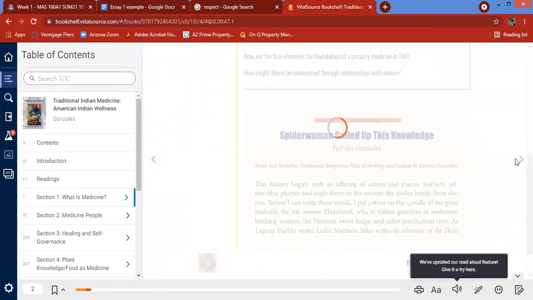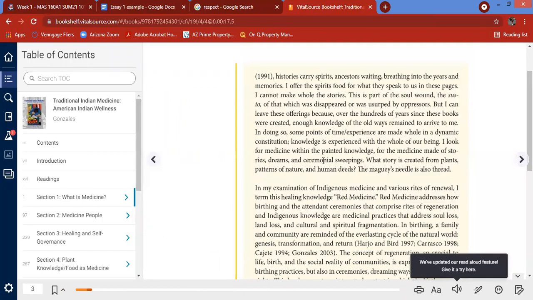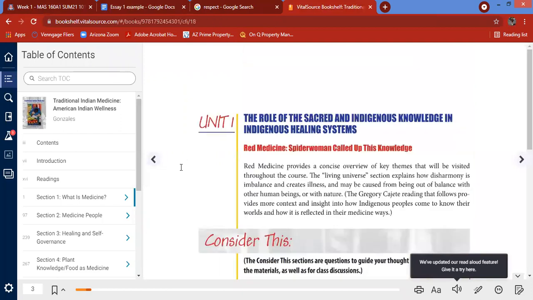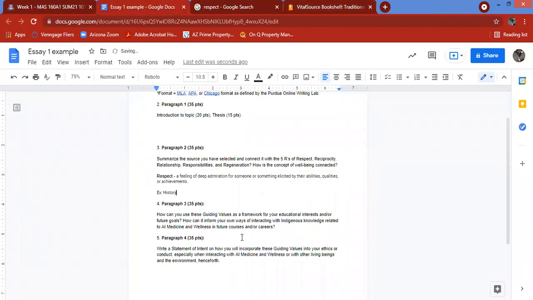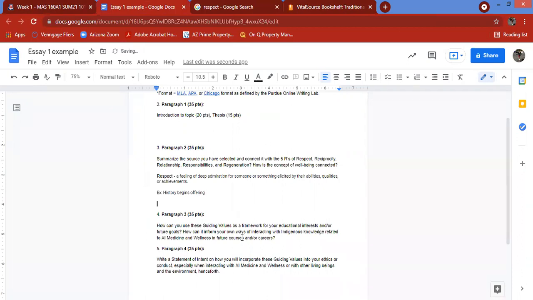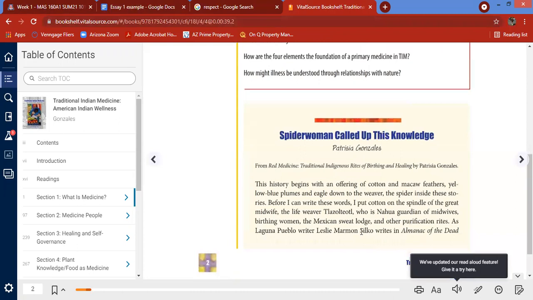And of course, I'm just doing this just to show you. I really hope that you guys pick better examples than I do, because I'm just picking the first sentence, that history begins with an offering. And so history begins with an offering, and how this shows respect is this shows respect for the rebirth spider inside these stories.